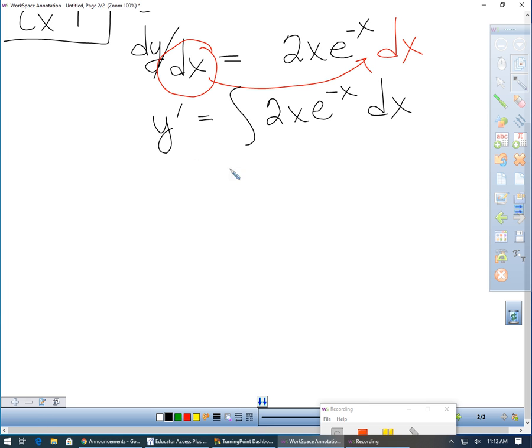Tabular sounds good. Okay. So we have 2x, 2, and 0. Over here, we have e to the negative x dx. We then have, remember this would be our u substitution. Du is negative dx, so the negative comes over here, right?